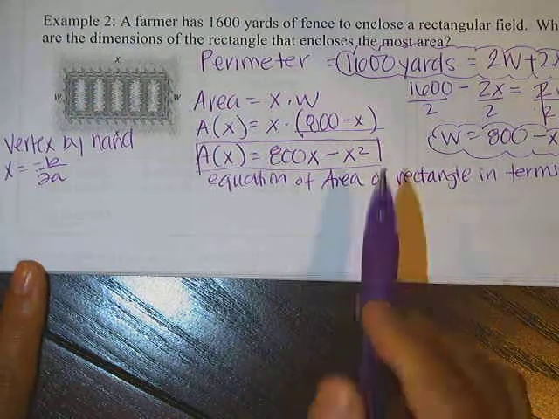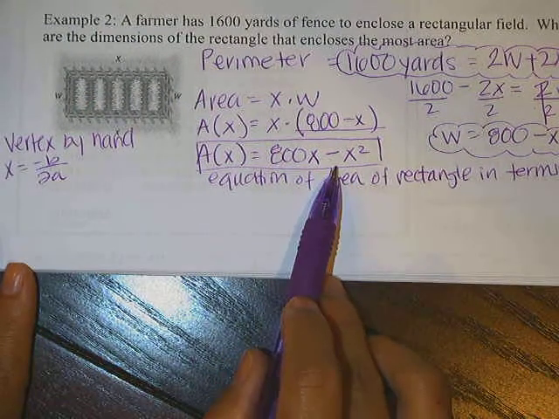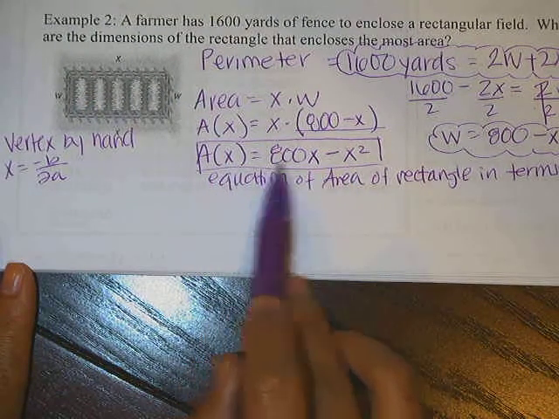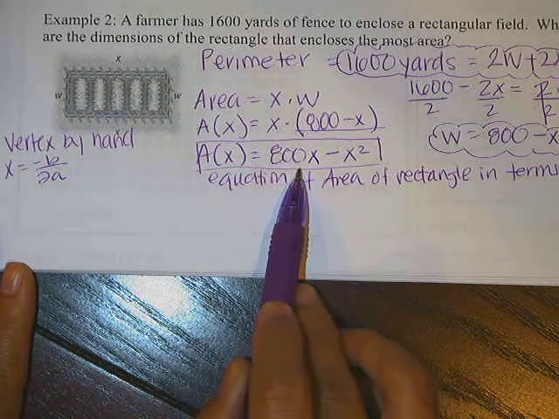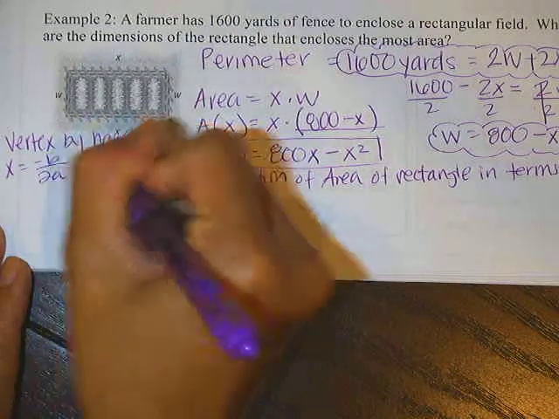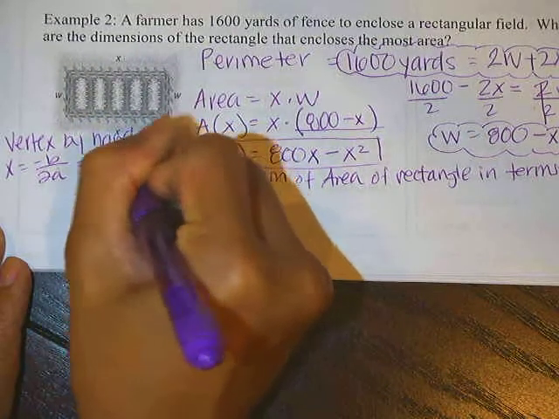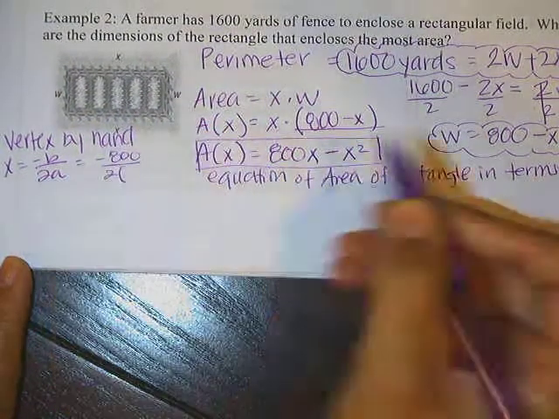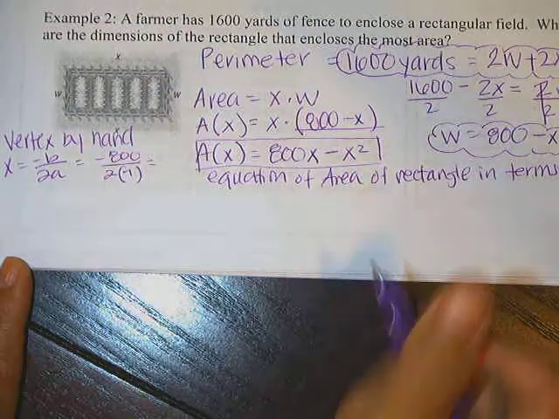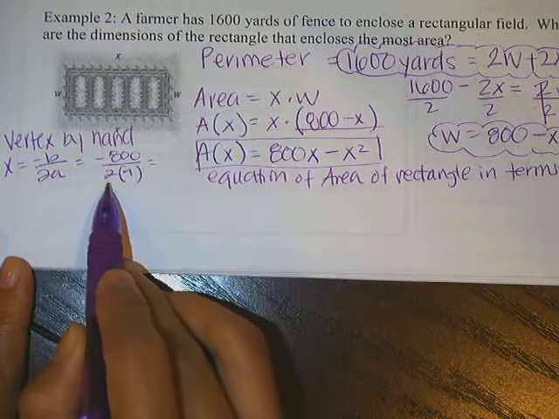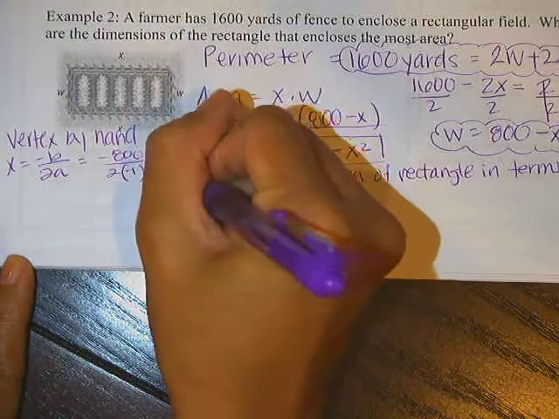So if I write it in order, A of x equals negative x squared plus 800x. Your b would be 800, and negative of that is negative 800, all over 2 times the first term, which is your a, negative 1. So this gives me negative 800 over negative 2, which is a positive 400.